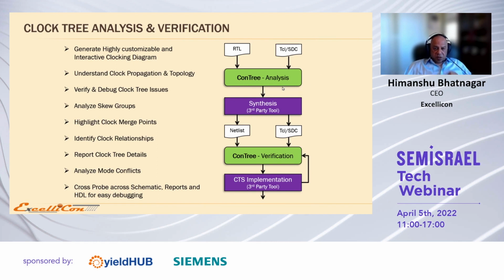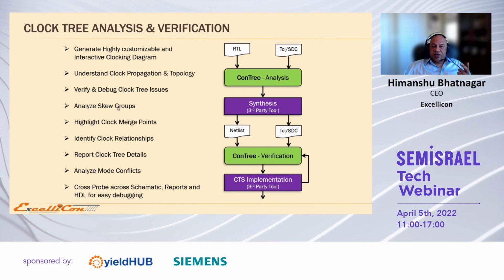Okay, so you can analyze your clock tree at the pre-implementation level and then the post-implementation level. You can run the tool on the RTL, analyze it, and understand how the clocks are propagating. You can debug all these clock trees.